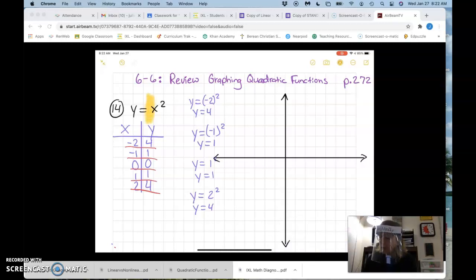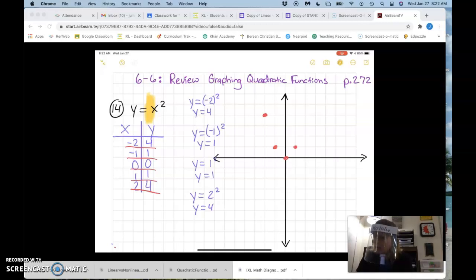Up. It's a positive x squared, so the parabola is going to open up. So I need to make sure when I graph it that I get a parabola that opens up, otherwise I made a mistake somewhere. So -2 and 4, -1 and 1, 0 and 0.